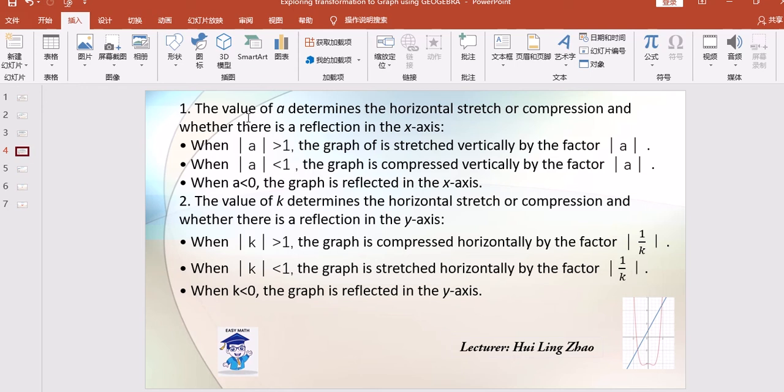The value of a determines the vertical stretch or compression and whether there is a reflection in the x-axis. When the absolute value of a is more than 1, the graph is stretched vertically by the factor of absolute a.